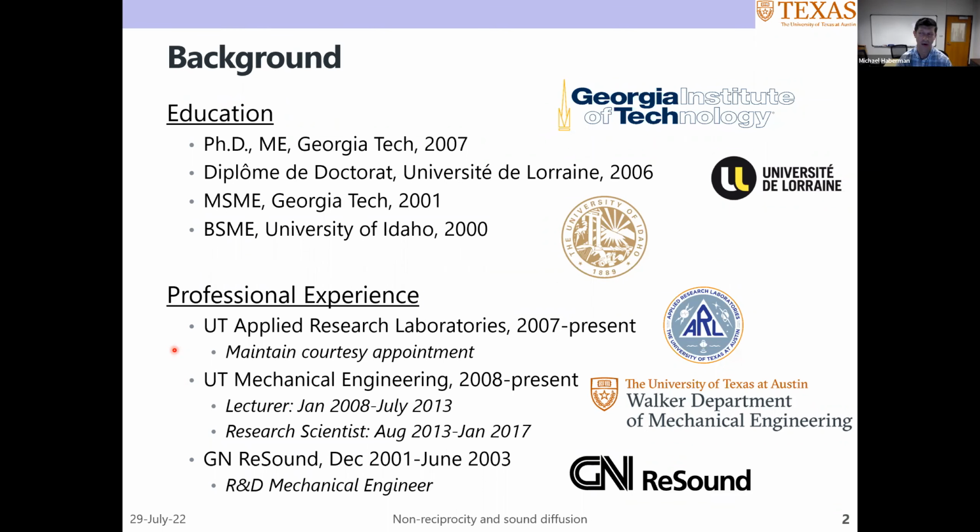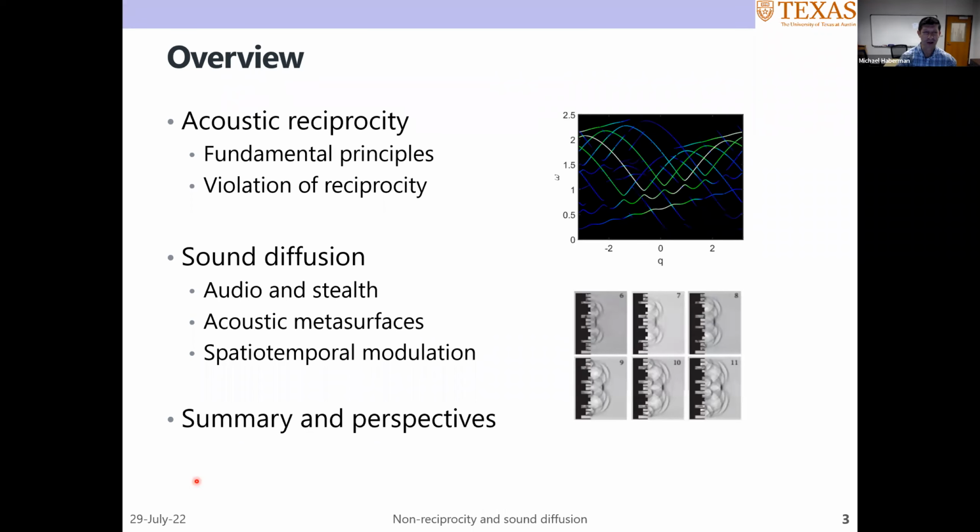I still maintain an appointment and do a lot of work out there, but I was a lecturer and research scientist simultaneously in the UT Austin Mechanical Engineering Department, teaching and things like that, and moved to the academic route about 5 years ago. I also spent some time at GN Resound, which makes audio devices, hearing aids, things like that, which plays a lot into some of the transduction work that I do on the side.